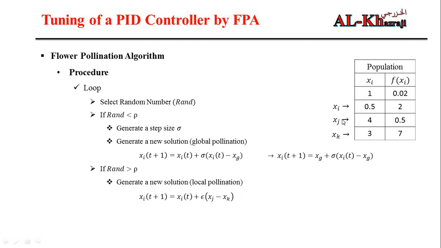So for example, you choose this xj and xk, which is randomly, and then so this is like a random search.